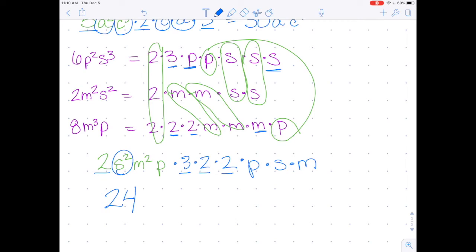S squared times S is S cubed. M squared times M is M cubed. And P times P is P squared. That is your answer for this one.